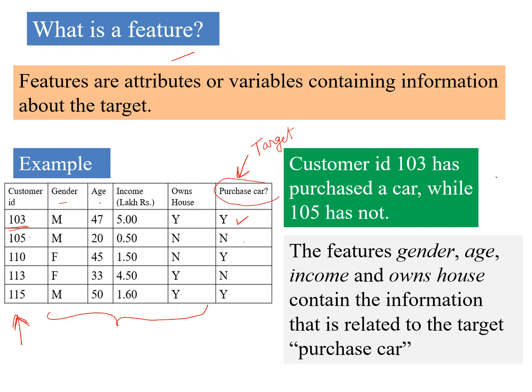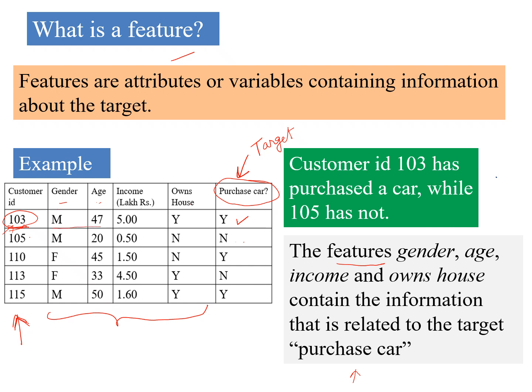So this is the target variable or the variable of interest. The rest, gender, age, income, and owns house, these features contain the information that is related to the target purchase car.